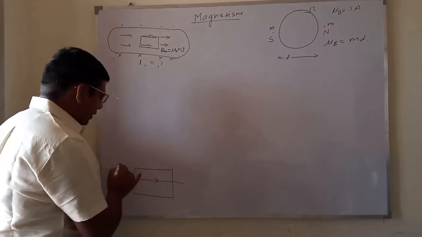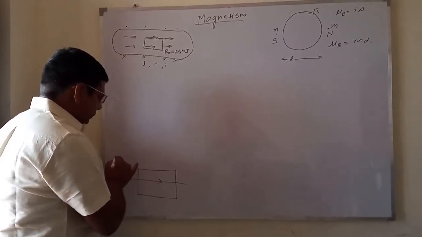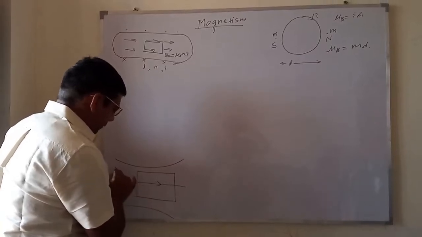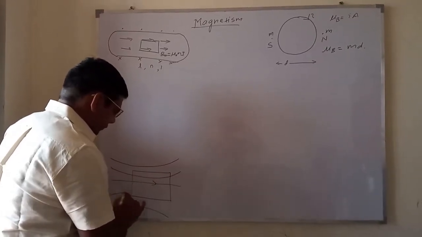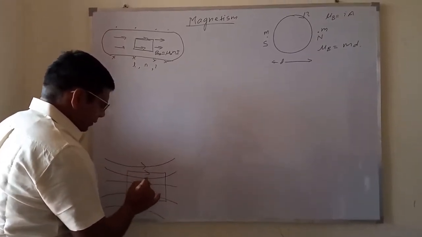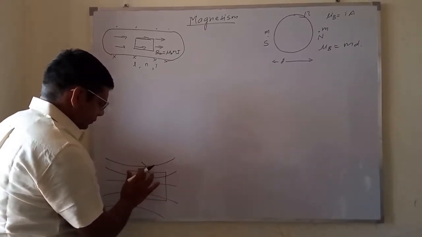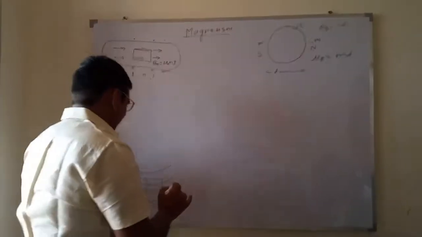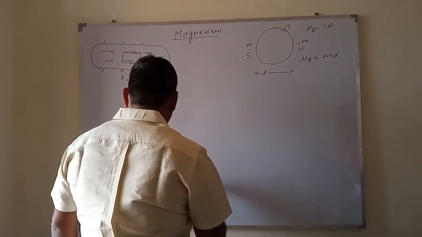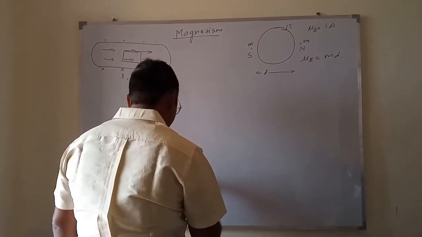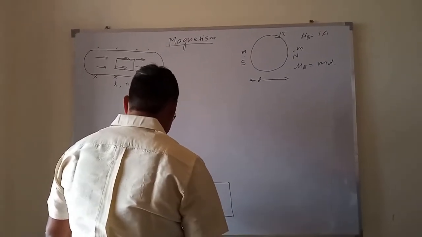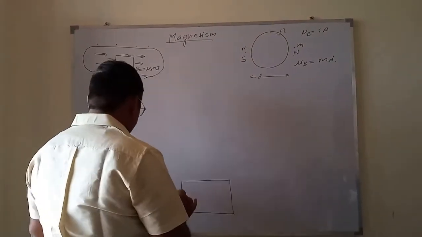These are the magnetic field lines. This is one case. Second thing, what can happen?